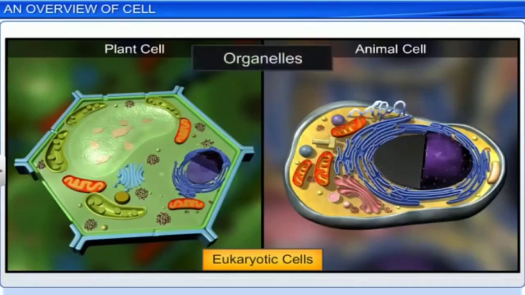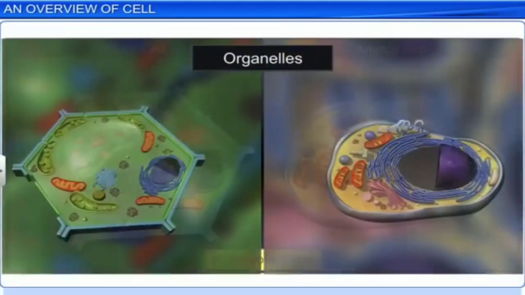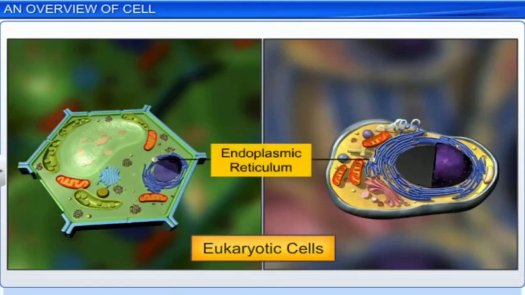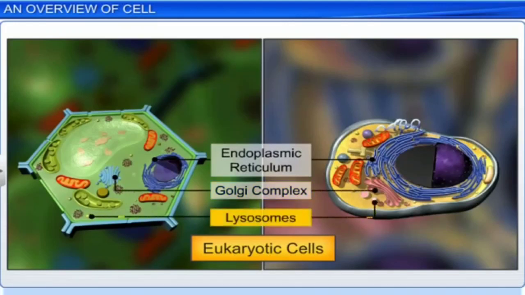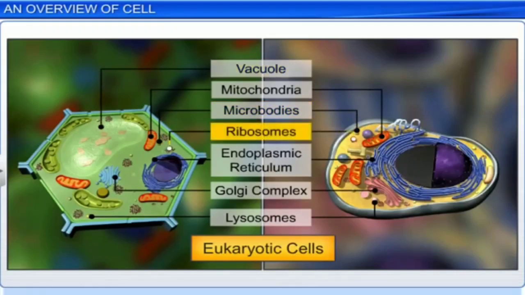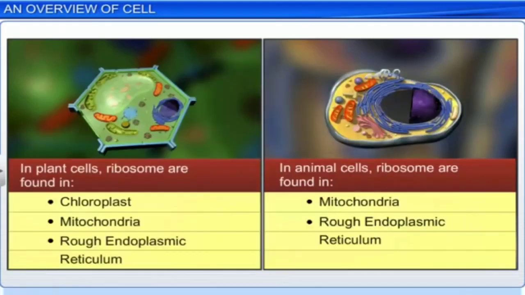Suspended inside the cytoplasm are distinct structures called organelles. In eukaryotic cells, we find membrane-bound organelles such as the endoplasmic reticulum, the Golgi complex, lysosomes, mitochondria, microbodies and vacuoles, as well as non-membrane-bound organelles such as ribosomes. Interestingly, ribosomes are also found in chloroplasts of plant cells as well as the mitochondria and rough endoplasmic reticulum of both plants and animals.